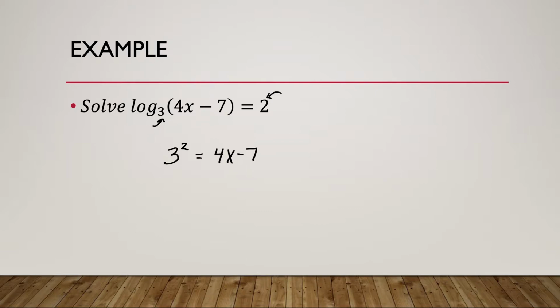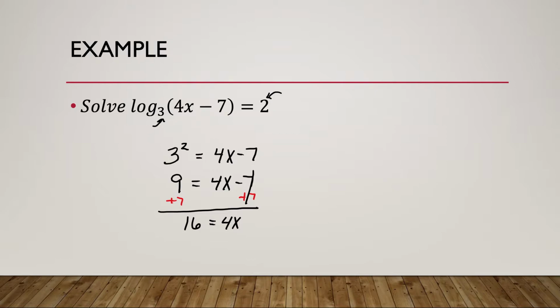Now, when I look at what I have, once I've changed it to exponential form, I realize that I basically just have a linear equation. 3 squared is 9. And I can easily solve this for x. So I'm going to add 7 to both sides. 9 plus 7 is going to give me 16, is equal to 4x.